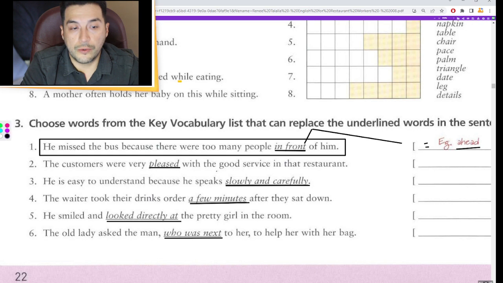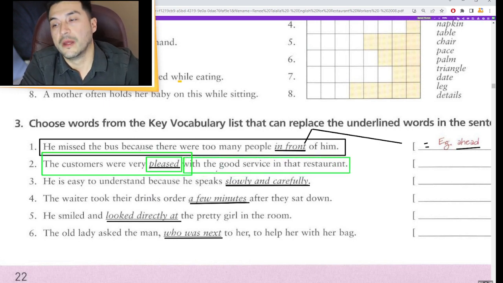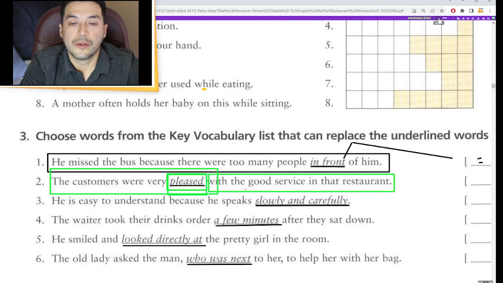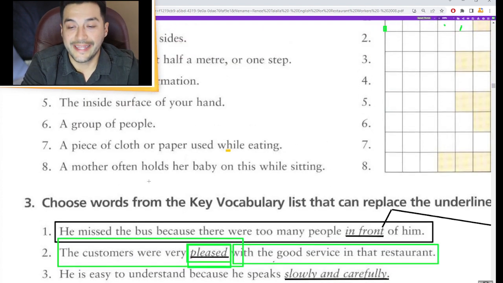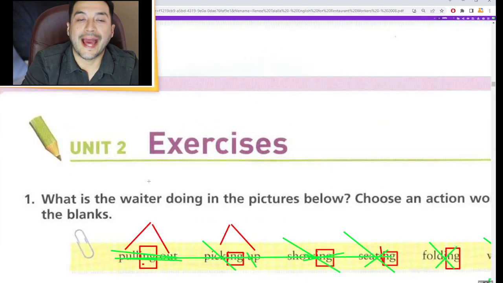Number 2, the customers were very pleased with the good service in the restaurant. The customers were very pleased. Pleased. They were happy. Happy, pleased.